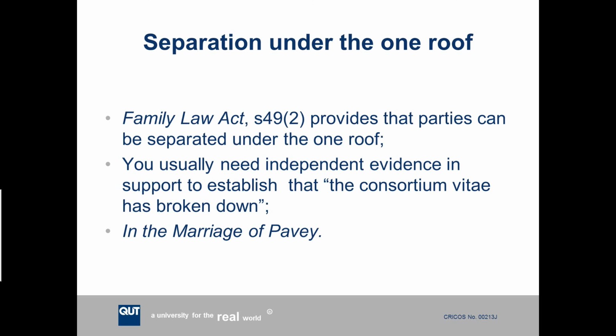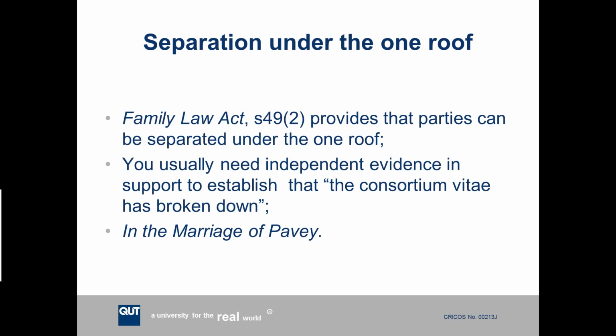Now, in some cases, particularly these days when housing costs are so high, sometimes people do separate, but they remain living in the same home, and in law we call this separated under the one roof. Now, to make an application where you've been separated under the one roof, you normally have to provide some independent evidence to establish that you have been separated under the one roof.